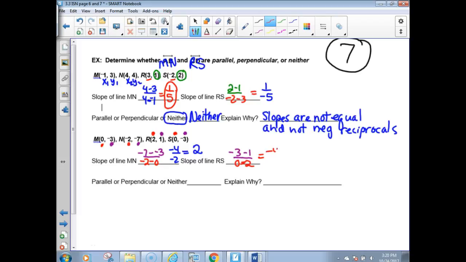That gives me -4 over -2 again, which is 2. These lines would be parallel. Yep. Oops, I forgot an A. Parallel. And that's because they have same slopes or equal slopes.